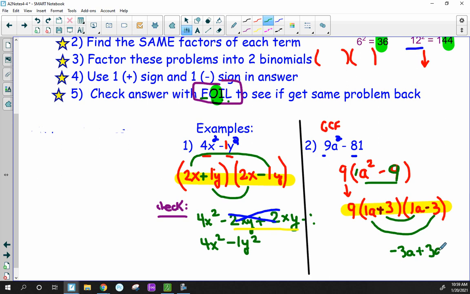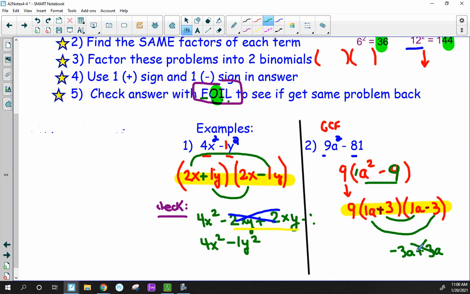And then if you do want to check the first and put 1a squared here and the last and put minus 9, you're welcome to do that. You can do that in your head as well. I just wanted to show you a faster way to check. So when you check the OI in DOS questions, what should happen is you get the same thing with 1 negative and 1 positive. That's why we use those different signs in the answer.